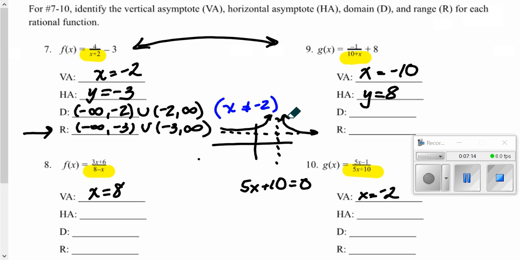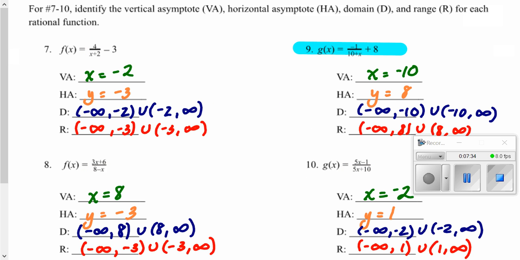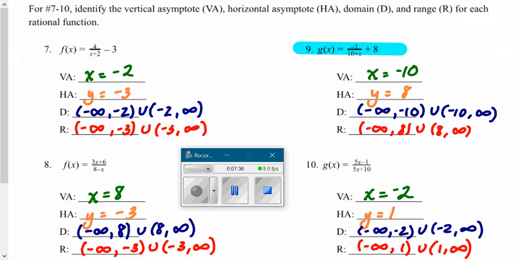That is possible. It doesn't happen in any of these problems, but you should double check that, okay? Just look at your graphing calculator, put this in your y equals, and just look at a graph of it in your standard window, Zoom 6, and just make sure that you are indeed above and below the horizontal asymptote.